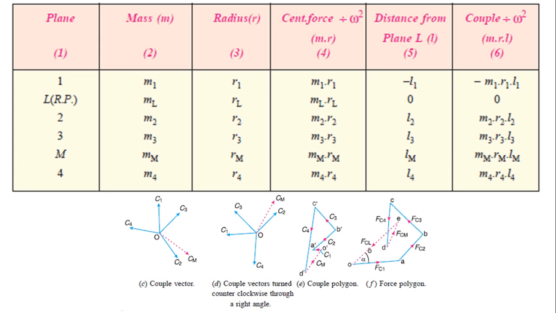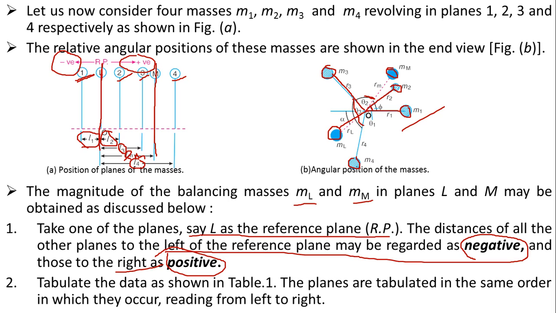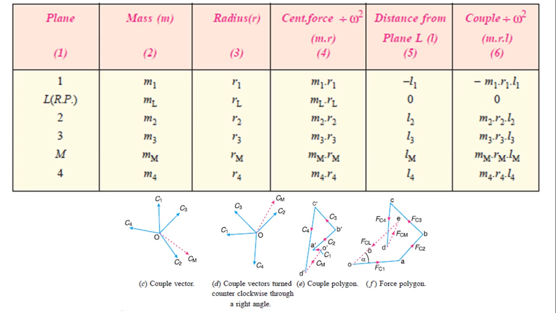So first, whatever planes are given, you need to note down. From this one: 1, then L, then 2, 3, M and 4. So we'll arrange the same thing here: 1, L, which is a reference plane shown by RP, then 2, 3, then M and 4.